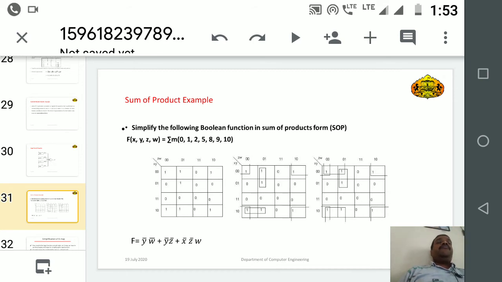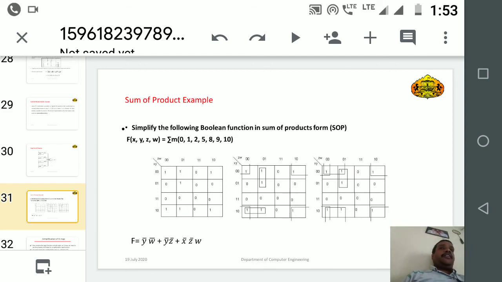For 4 variables there could be 16 outputs, but in this expression only 7 outputs are present. So how do we represent this using a K-map?